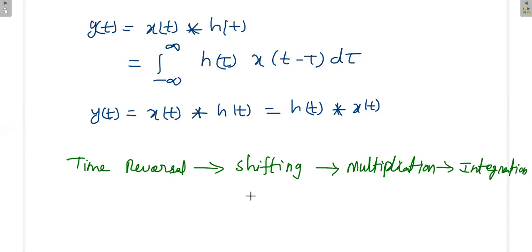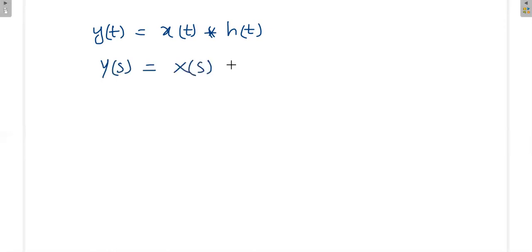Okay, then what is the major advantage of the convolution? See, when y of t is equal to x of t convolved with h of t, once you apply the Laplace transform, this becomes y of s is equal to x of s multiplied with h of s.